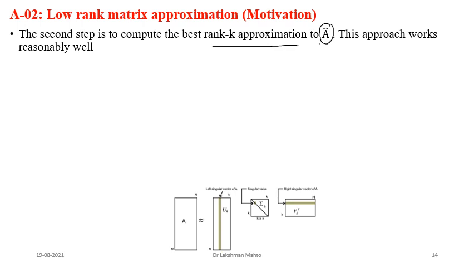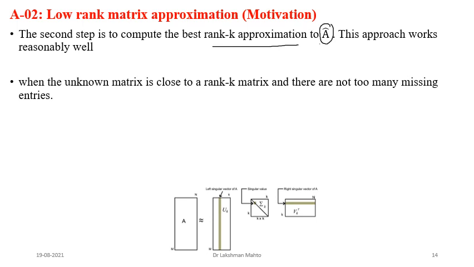Sometimes it may work, sometimes definitely you will face problems and be very far away from the original one. So first we did the default approach, and after that we will go for rank k approximation. This approach works reasonably well when the unknown entries were filled by the default method and we are very lucky that the completed matrix A cap is very near to the unknown matrix.